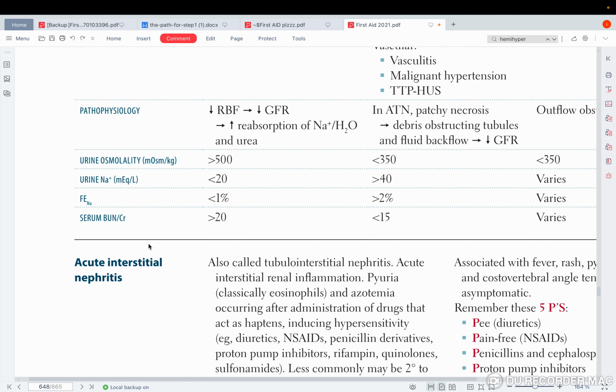It's somewhere before your kidney, correct? If it is somewhere before your kidney, will your tubules be intact or not intact? Intact. Good. So when they are intact, can they reabsorb urea? They can reabsorb urea. So if they can reabsorb urea, is your BUN going high or low?